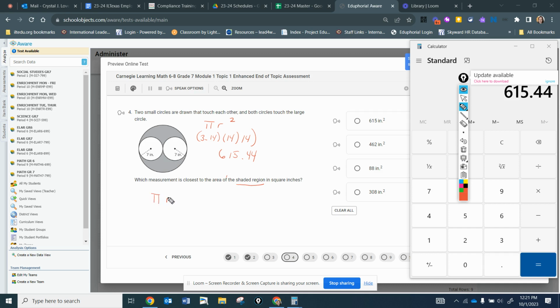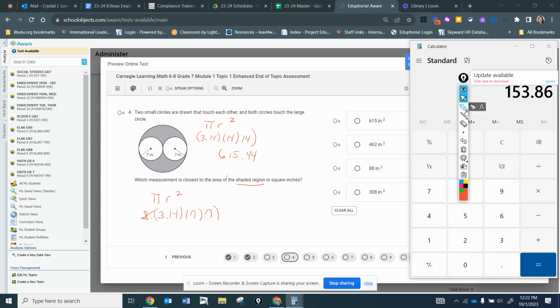So pi r squared, that right there is radius. So 3.14 times 7 times 7 to get the little circles. Okay. So 3.14 times 7 times 7 equals 153.86.